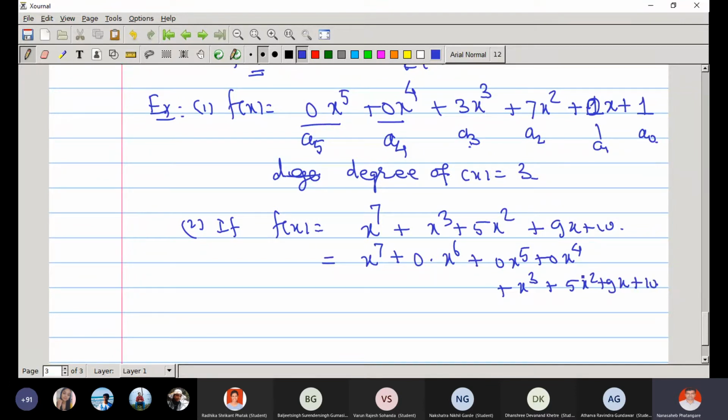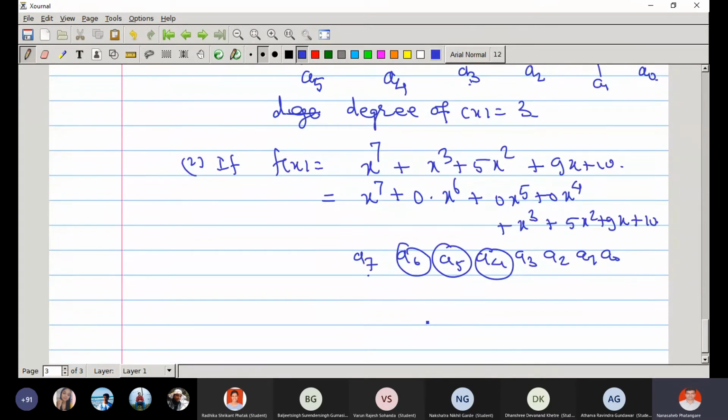So some coefficients in between are 0, right? For example, if you look at a_7, a_6, a_5, a_4, a_3, a_2, a_1, a_0: a_6 is 0, a_5 is 0, a_4 is 0. But a_7 is non-zero. What is the largest k so that a_k is non-zero? 7. Right. So a_7 is non-zero and k equal to 7 is the largest.